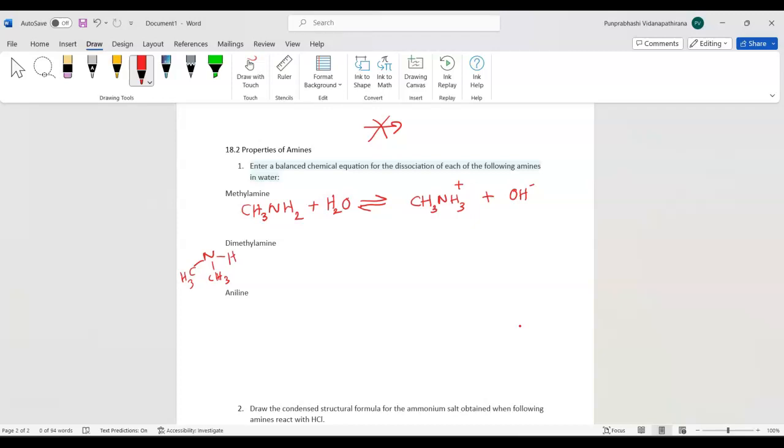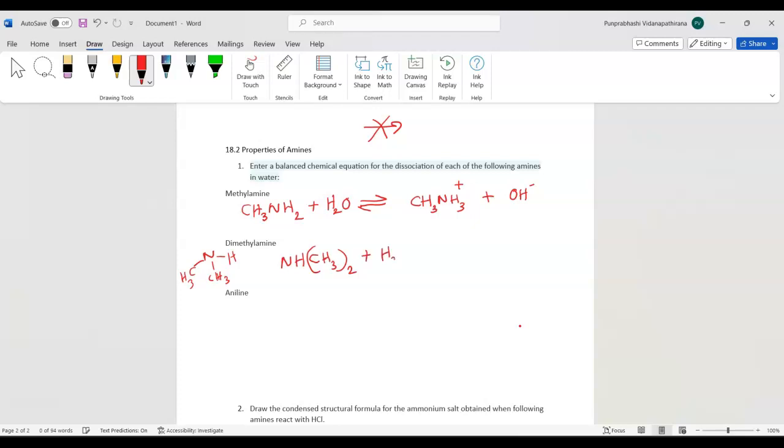So in order to include it in the reaction, I will write it like this: NH(CH3)2. There are 2 CH3 groups. So this says 2 methyl groups and 1 hydrogen atom are connected to the nitrogen atom.